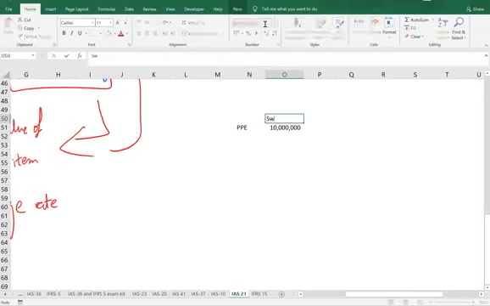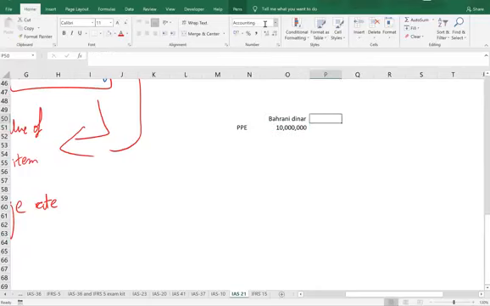Now at that time, use the Bahraini dinar. Why is all of this a difficult currency? Bahraini dinar is nice, BHD. Easy. All right, what's the exchange rate with the dollar? 0.375.